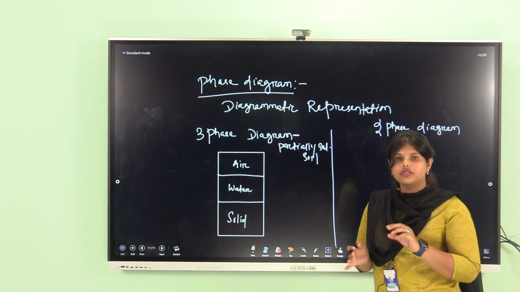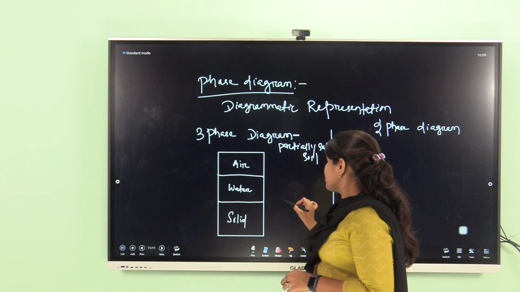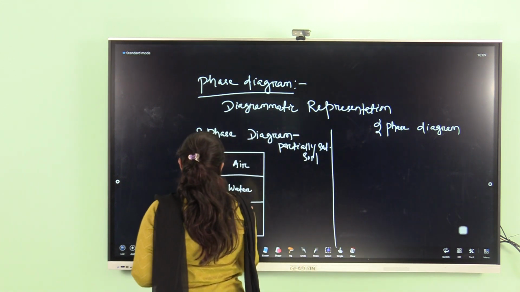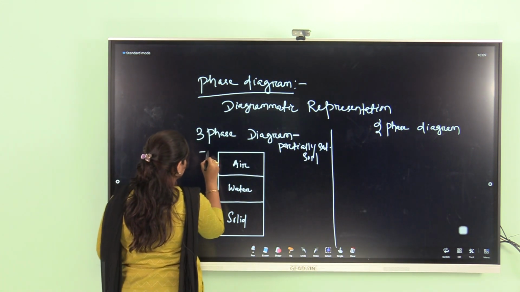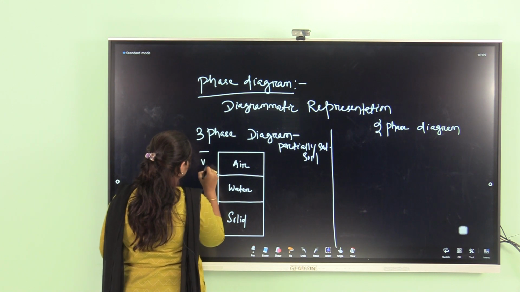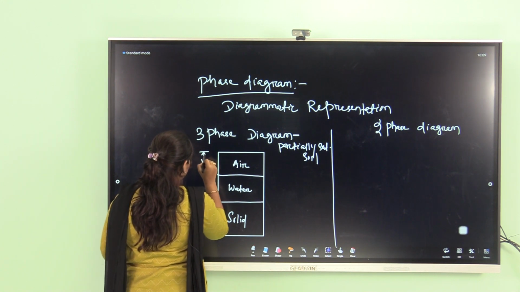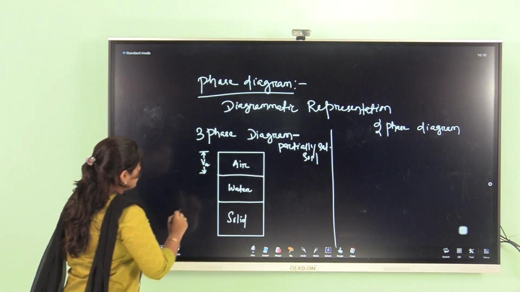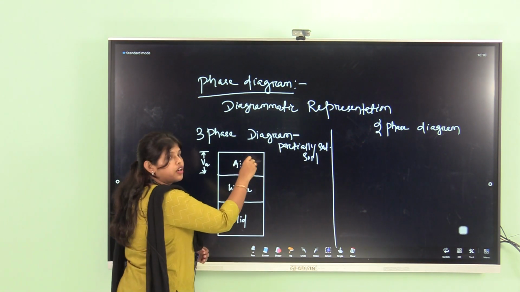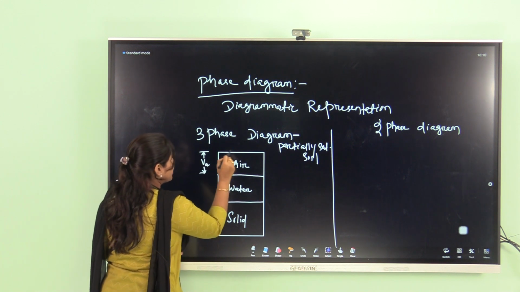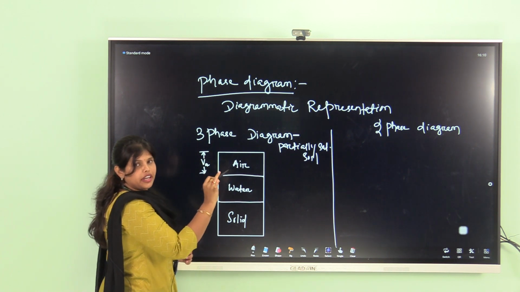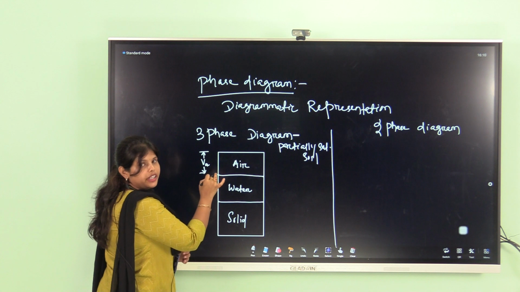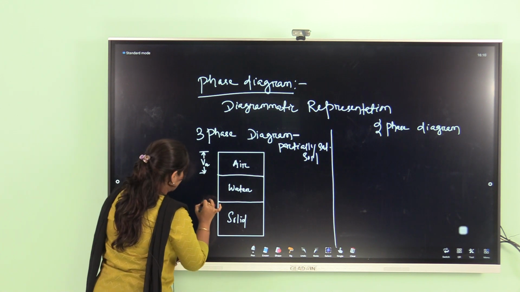What amounts are considered in case of soil? The places covered by air are considered as volume of air, which we can term as VA.